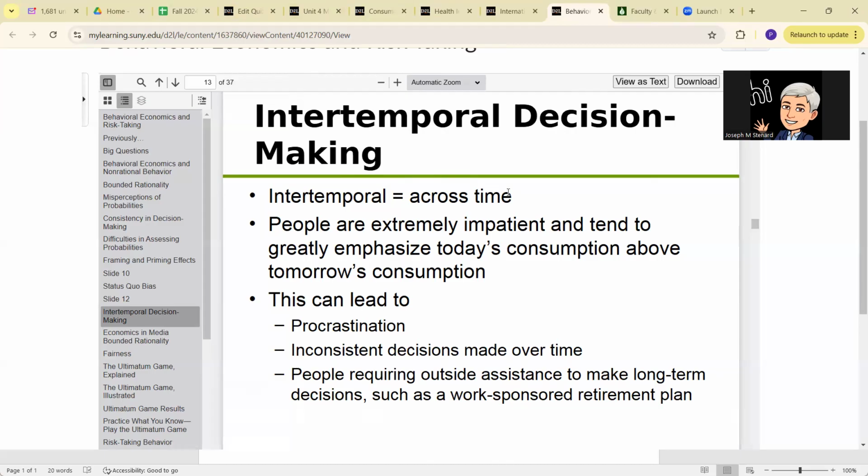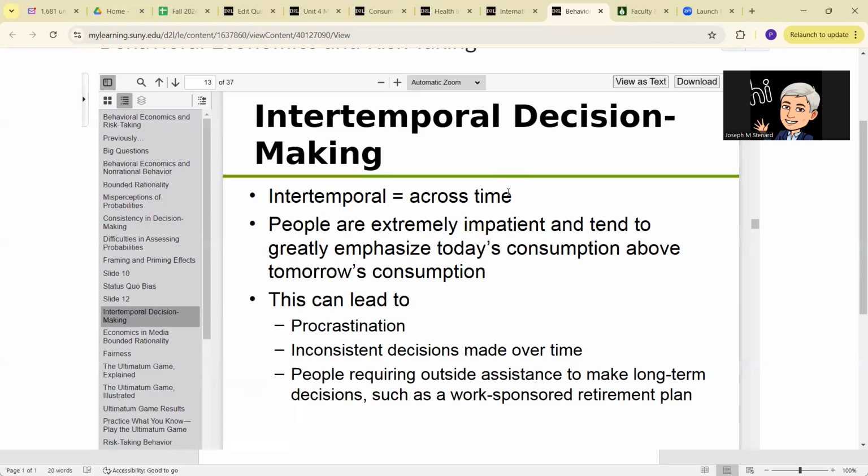So if someone says, I can either spend an hour tonight studying, or I can study 4 days from now for an hour, and they say to themselves, oh, I'm busy right now. And 4 days from now, I won't have anything to do. So I won't value that hour 4 days from now the way I value my hour right now.